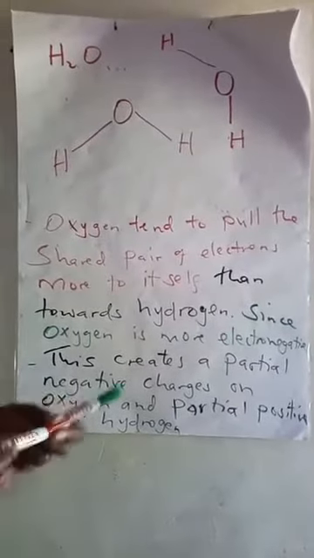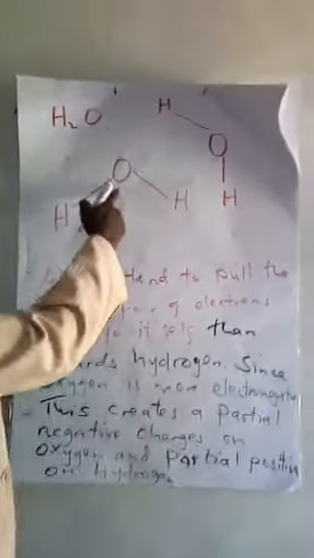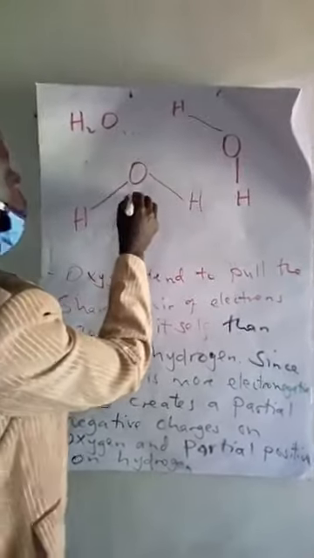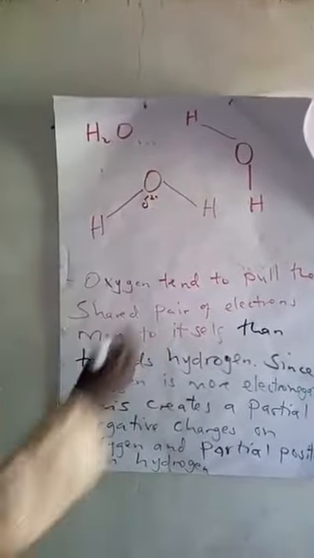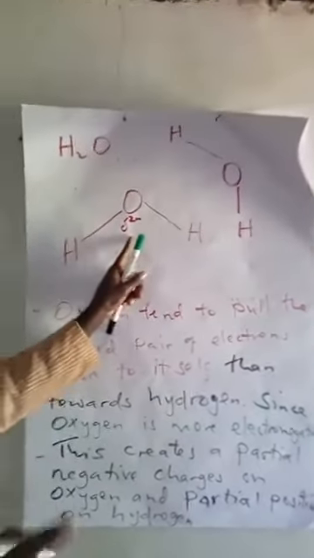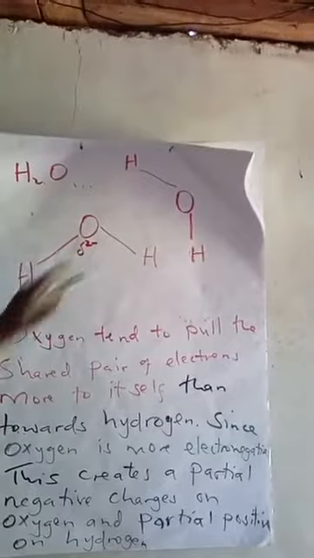So let's go back here. Now in this particular molecule, we have partial negative charges. We say this one is delta negative. Delta is a D with a bukia, yes, a D with a bukia is called delta.